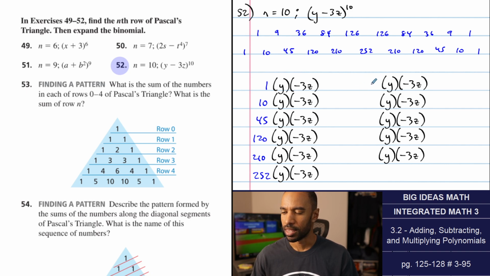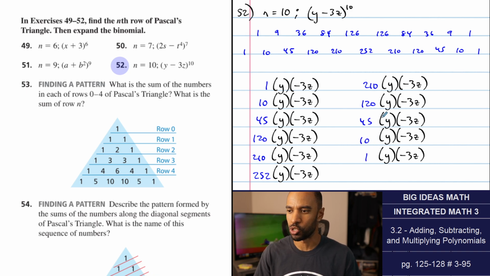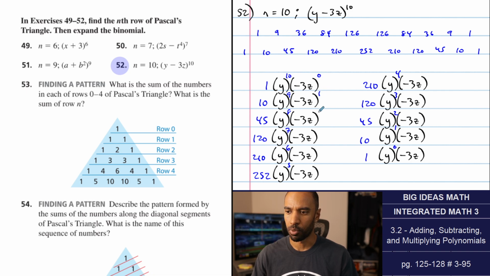That's the special one. And then it goes back 210, 120, 45, 10, and 1. And then this is to the 10th power, 9th, 8th, 7th, 6th, 5th, 4, 3, 2, 0. And then this is to the 0 and upward.